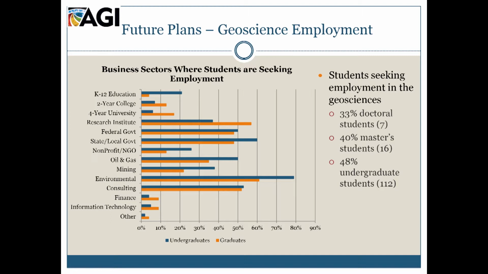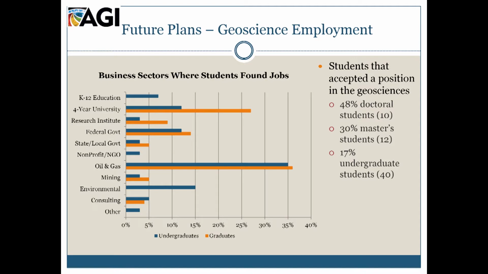And we found that 33% of the doctoral students were seeking employment, 40% of the master's students, and 48% of the undergraduate students were also seeking employment. And they could click more than one sector, so the interest was kind of wide. We saw high interest in environmental, in government, federal and state level, in consulting, in oil and gas, and for graduate students in research institutes.